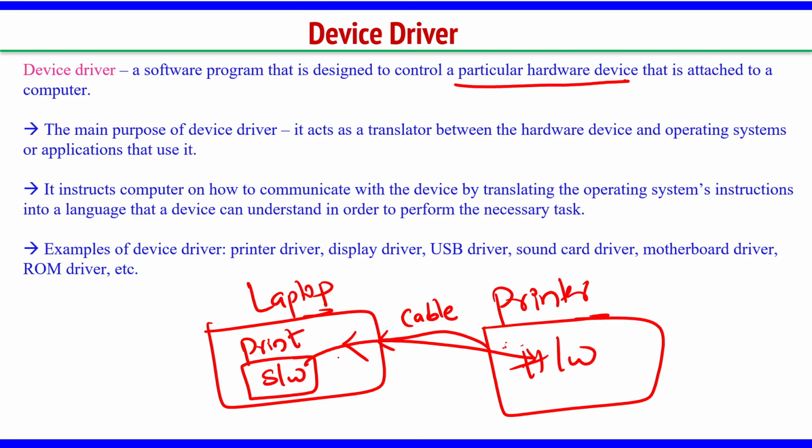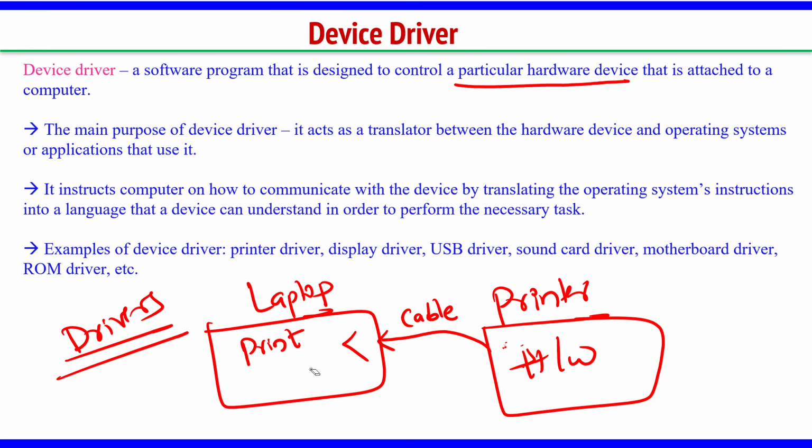Right? So that one software we call it as drivers. Drivers are software programs. Okay, if I install the driver in this laptop, let's say this printer is a Canon printer, or HP printer, or there are many brands.